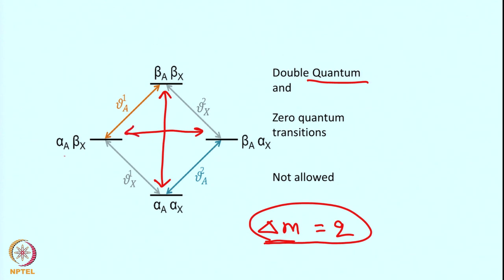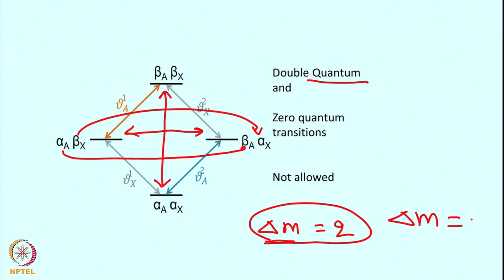There is another type of transition that is also possible, like here. Here first the A spin is flipping and also the X spin is flipping. So this is called zero quantum transition because there is no resultant delta, so here the delta m value is 0.